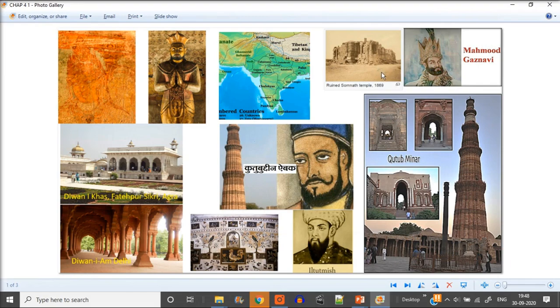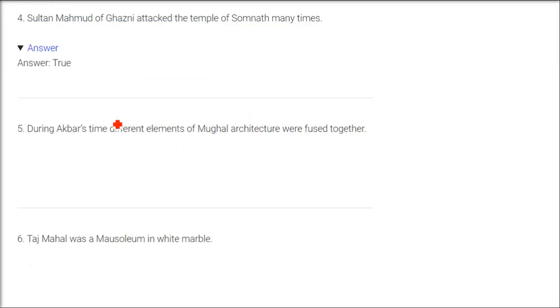In the south also we have seen Rajendra attacked and destroyed many temples. Here also Mahmud Ghaznavi destroyed and took out all the wealth. Specifically Somnath temple, because it was quite rich, and he came and did it multiple times.